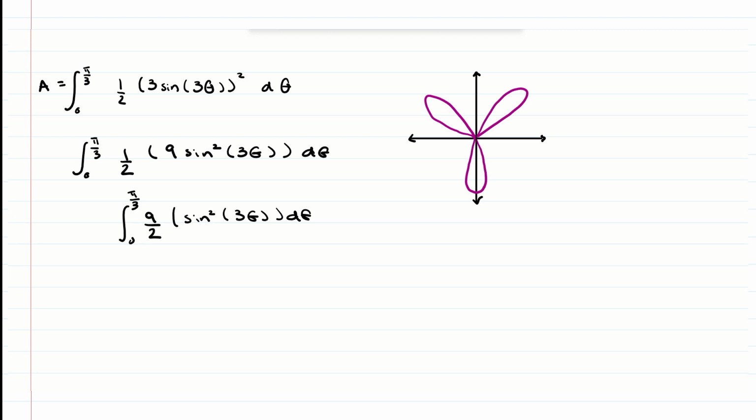And at this point, let's just factor out the 9 over 2 to the outside of the integral altogether. So on the inside of the integral, that leaves us with sine squared of 3 theta d theta.